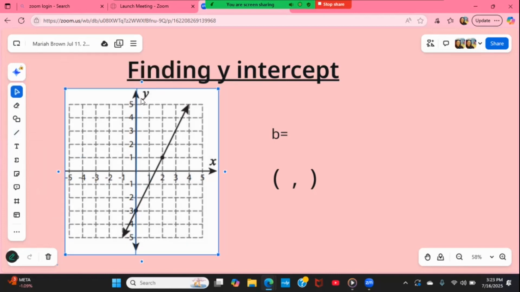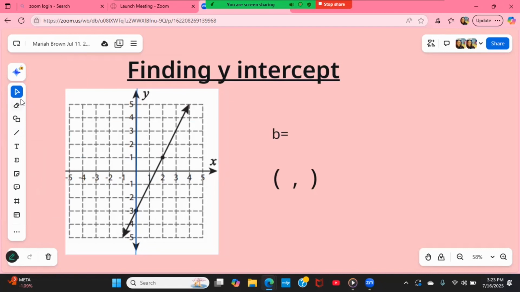You can use your fingers when you're doing it on your own, and you can say, okay, so where does the line cross this y-axis? It crosses it right here. You see where it goes across the line? This line here, okay, is our y-axis right here. What number is that? -3. So our B, or our y-intercept, is -3.